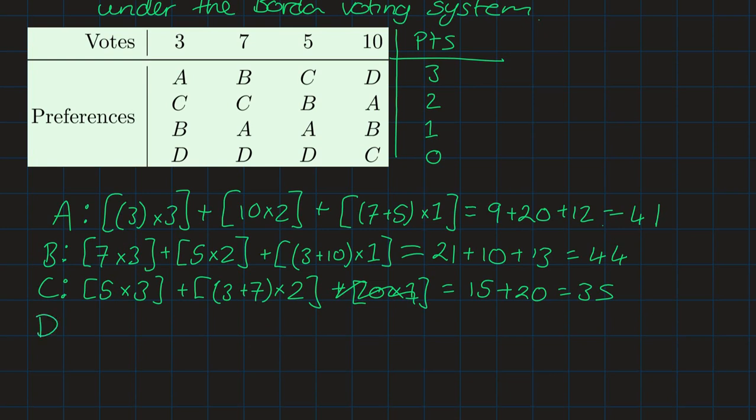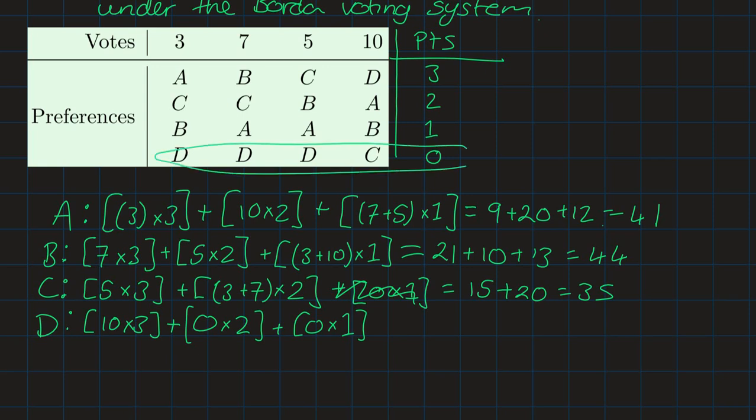And lastly, let's do D. So D got 10 times 3 plus 0 times 2 plus 0 times 1. And you never need to do this last row because it's times by a 0. And when you times by a 0, you just get 0. So straight up just 30.